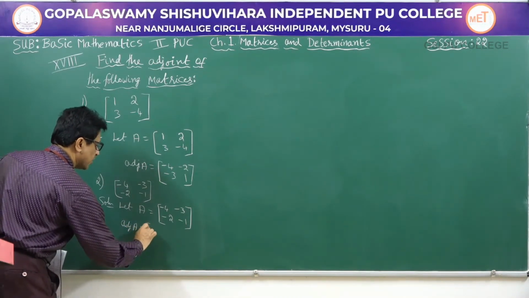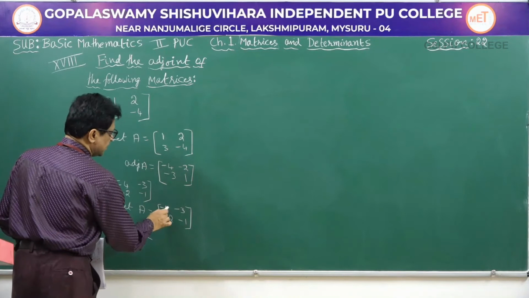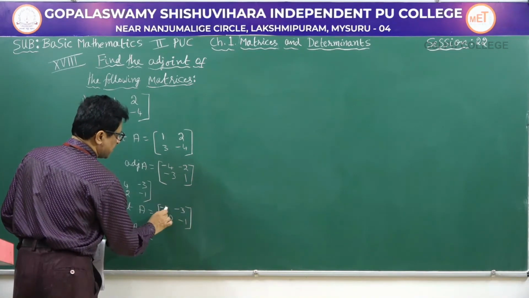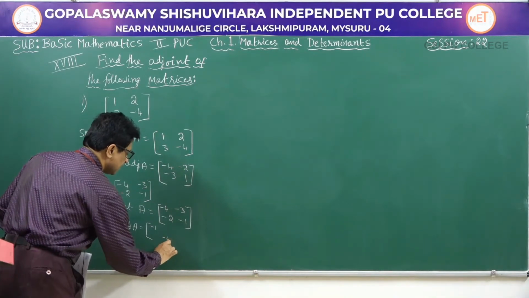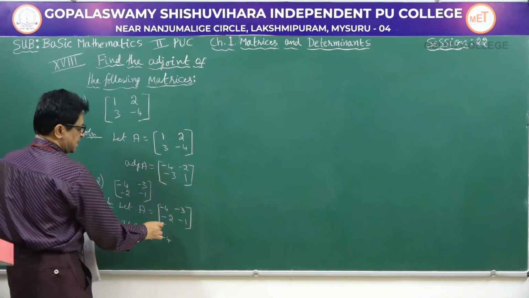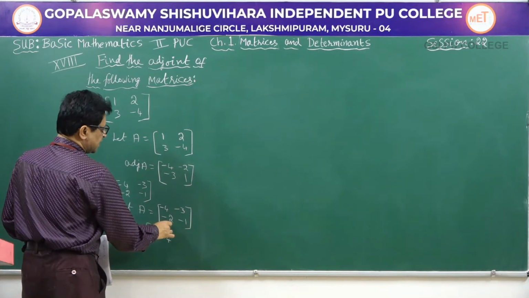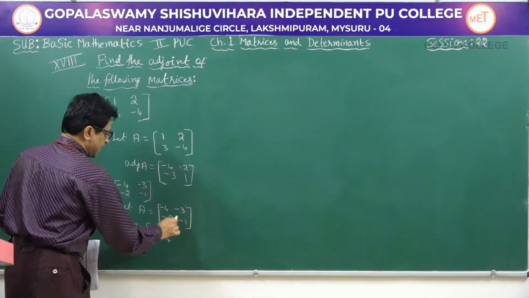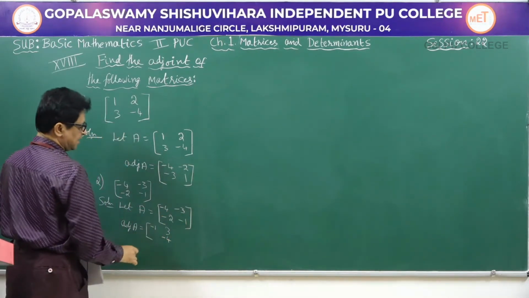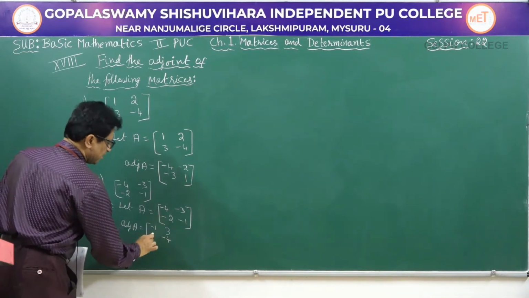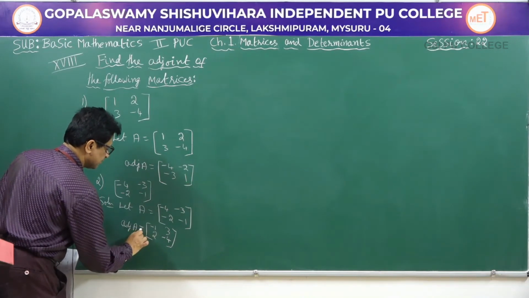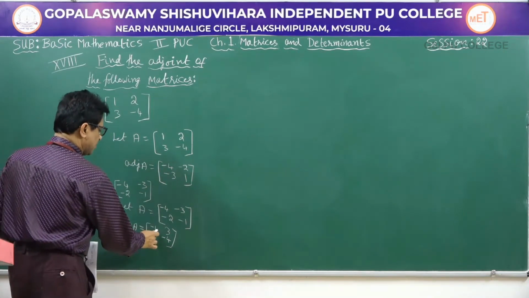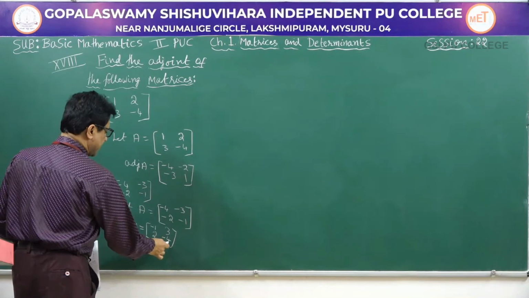Adjoint A is equal to, interchange the elements in the principal diagonal, that is minus 1, minus 4. Next, change the sign of the other diagonal, that is minus 3 is there, we have to write 3. Minus 2 is there, we will write 2. Adjoint A is equal to minus 1, 3, 2, minus 4.